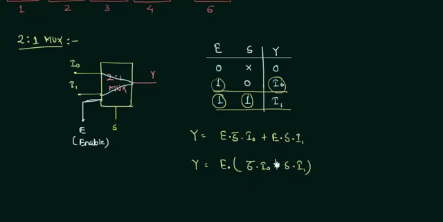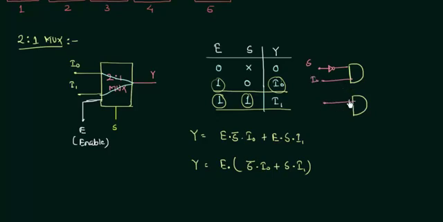So the next thing is the implementation of this circuit. You can easily implement it by using two AND gates. These are our two AND gates, and the inputs to the first AND gate are S complement and I0.